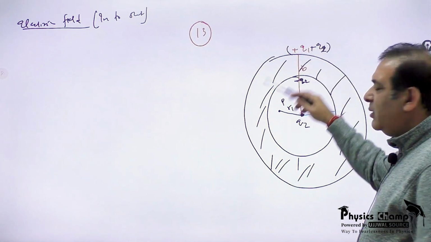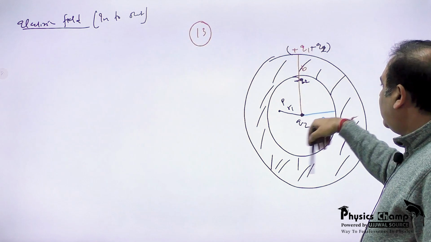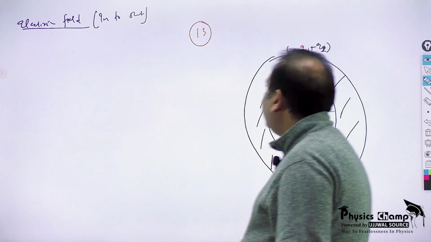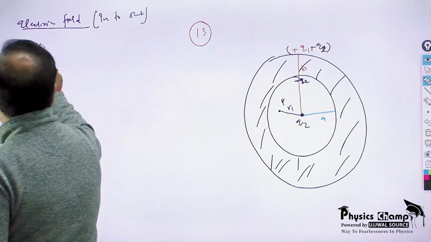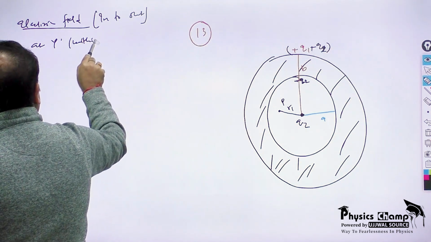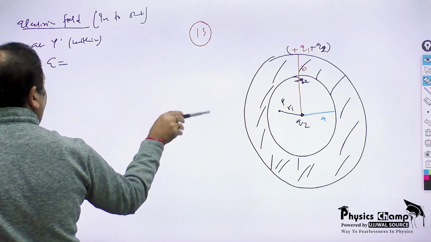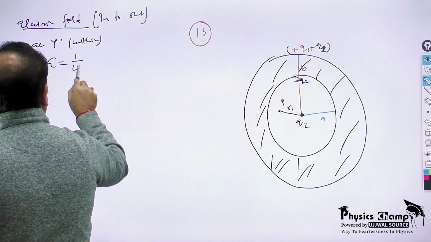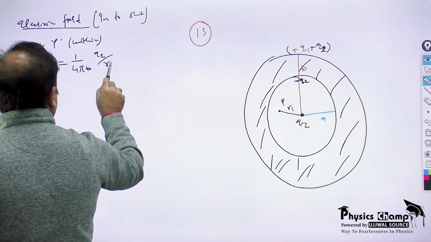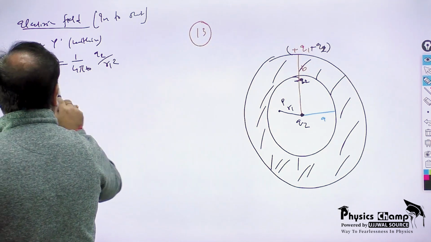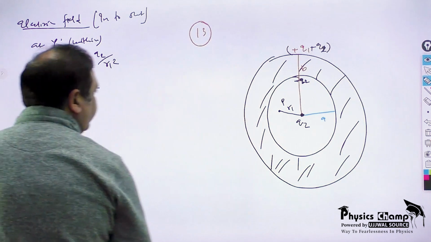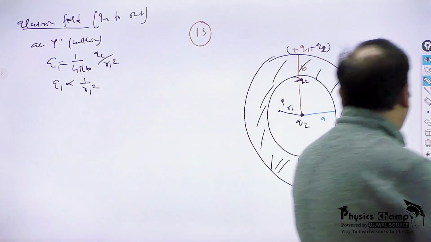Outside charge or the shell don't provide electric field within. So who will provide the electric field at P? The electric field will be provided only by the inside charge, 1 by 4 pi epsilon naught Q2 by R1 square. So I can say E1 is inversely proportional to R1 square.